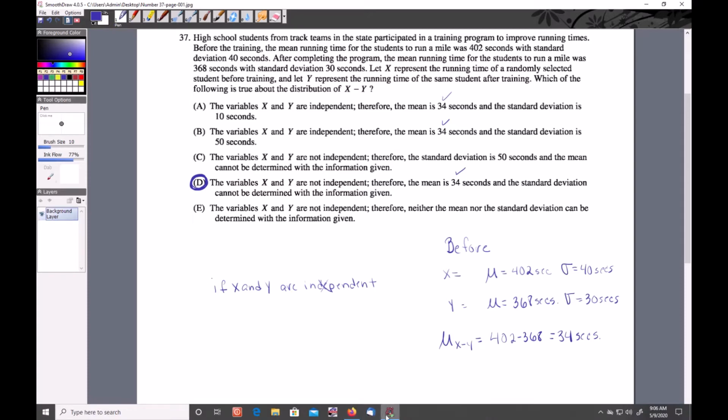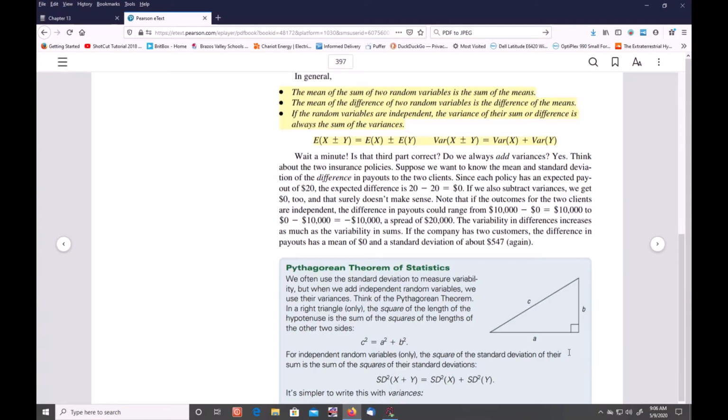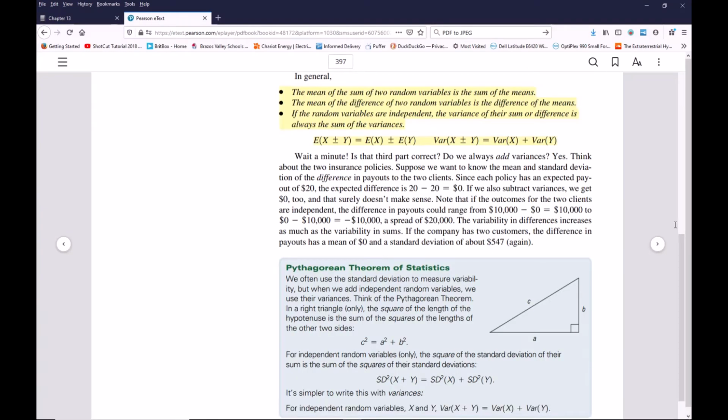And just as I was reading this, I'll go back to this page. They made a connection between combining standard deviations to the Pythagorean theorem. And I thought, who knew? When you try to find the side of a triangle, it's always a squared plus b squared equals c squared, right?